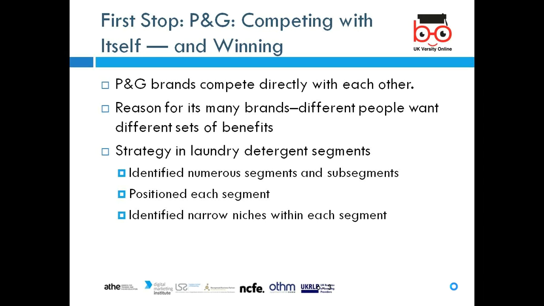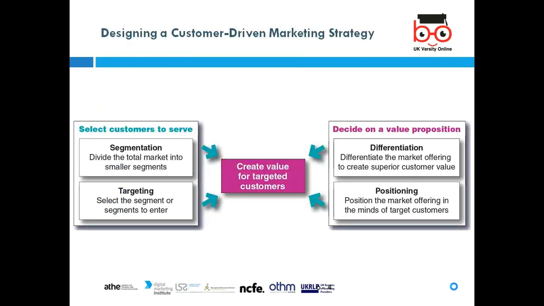We can segment our product according to the needs and wants of the customer. In the laundry detergent segment, the strategy identified numerous segments and sub-segments, positioned each segment, and identified a narrow niche within each segment.